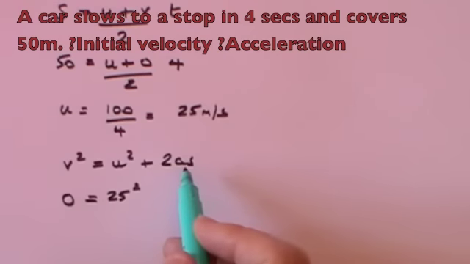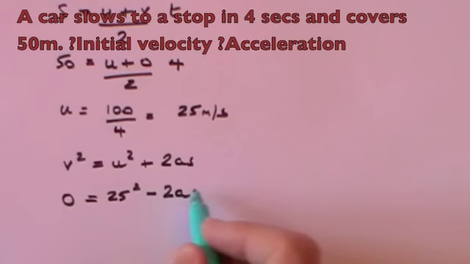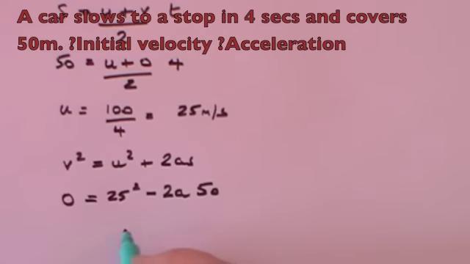Remember that this is a slowing acceleration, so that will be a minus term. So now you've got minus 2 times the acceleration, which is what we want to know, times the distance travelled, which is 50 meters. And that gives minus 100a equals 25 squared, 625.